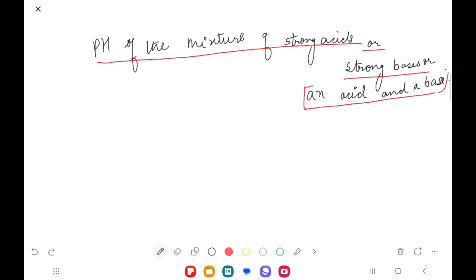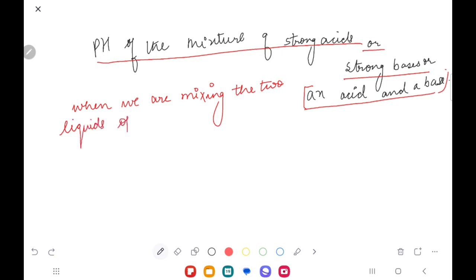Let's suppose that there are two formulas. The point is, when we are mixing the two liquids of the same type, what exactly does that mean?